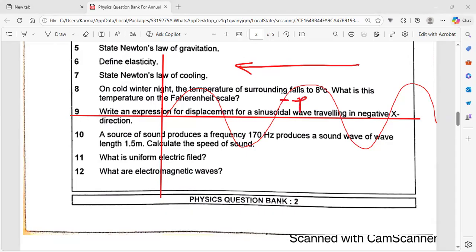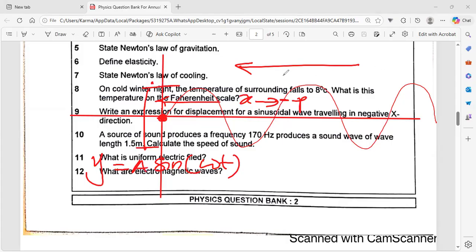Let's say P is any particular point at a distance x from the origin. The particle at the origin will oscillate in the y direction as y = a sine omega t. Since it starts oscillating from the origin, we do not have any initial phase. Initial phase is 0.